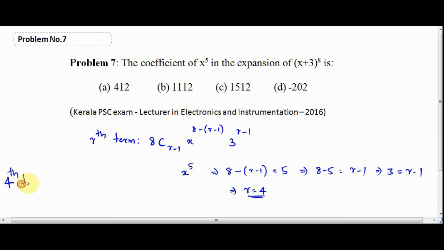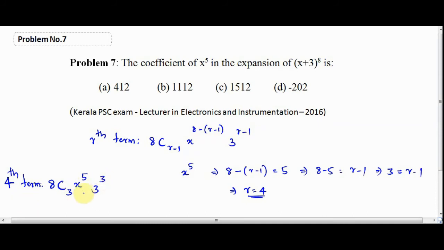Fourth term in the expansion will be, okay, let's derive the fourth term expression from this general expression. So it will be 8c, r value being 4, we get 4 minus 1, 3 here, 8c3 x raised to 8 minus 4 minus 1, 4 minus 1 is 3, so 8 minus 3 we get 5 here, x raised to 5 into 3 raised to 4 minus 1, so that will be 3.